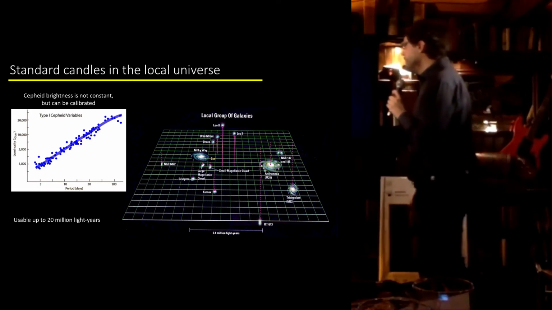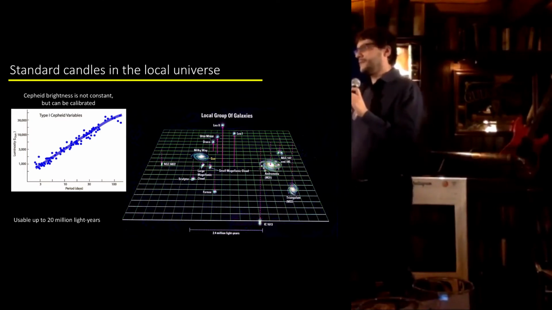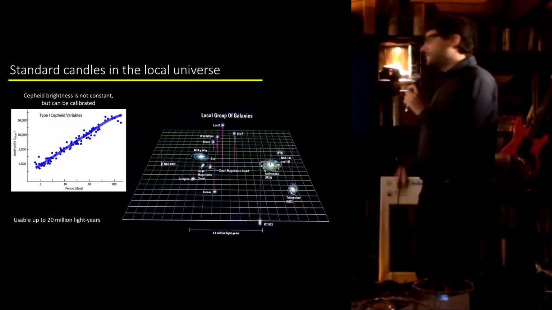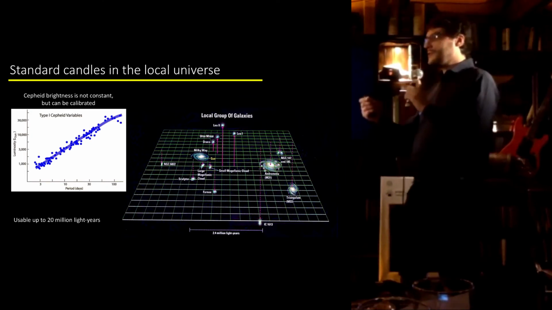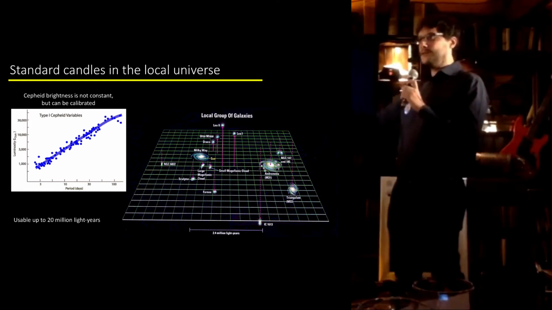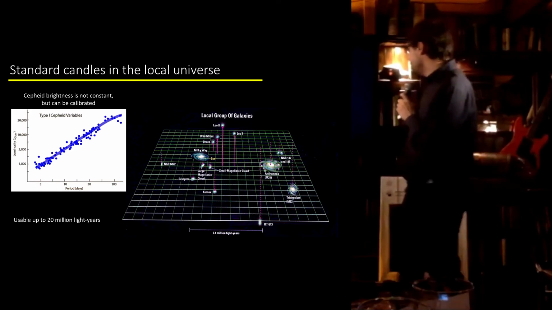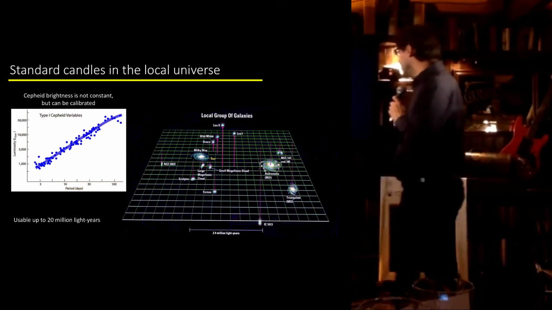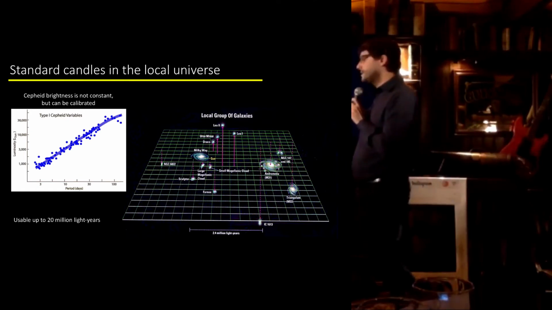And so basically, by observing the light curve, how the brightness of the star changes with time, you can infer how luminous it is, and from its average luminosity and its observed average flux, you can infer the distance. And that's how you can map the scale to the local galaxies. Here you have an example of the universe very close by to Earth, where on the right you have the Milky Way.